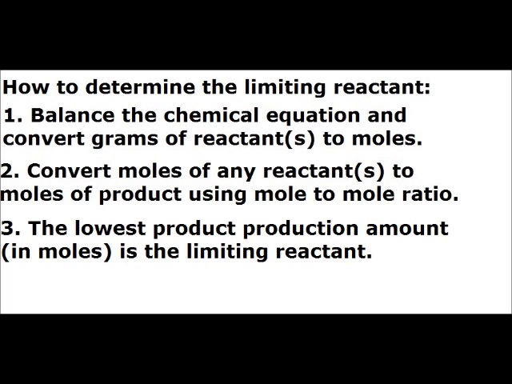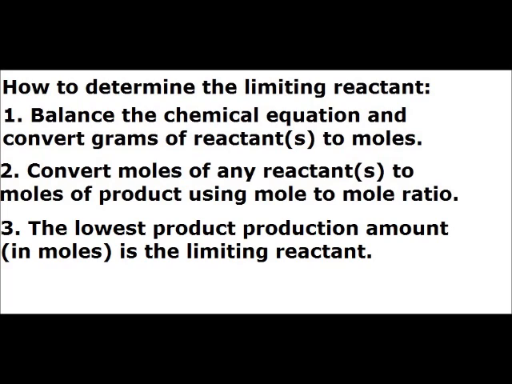A mole of each would have the same amount, but the grams, because they have different molecular weights, are going to have different amounts of those individual molecules. Okay, so that is limiting reactant, and we will practice this when we tie it all together.